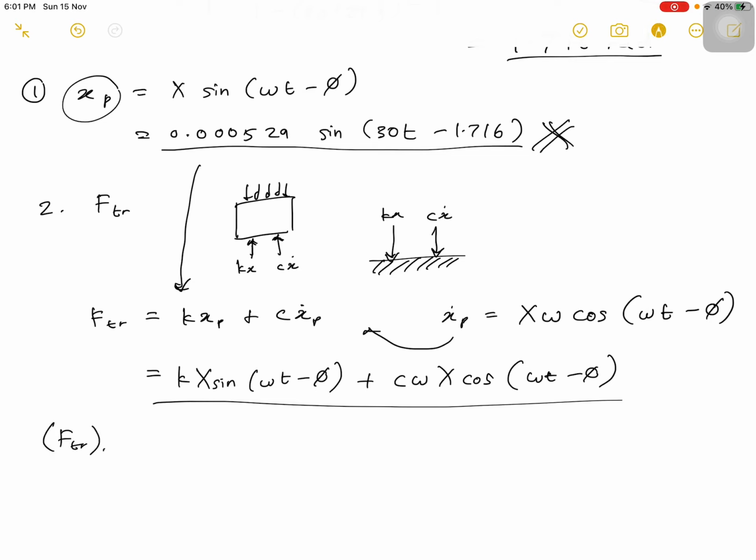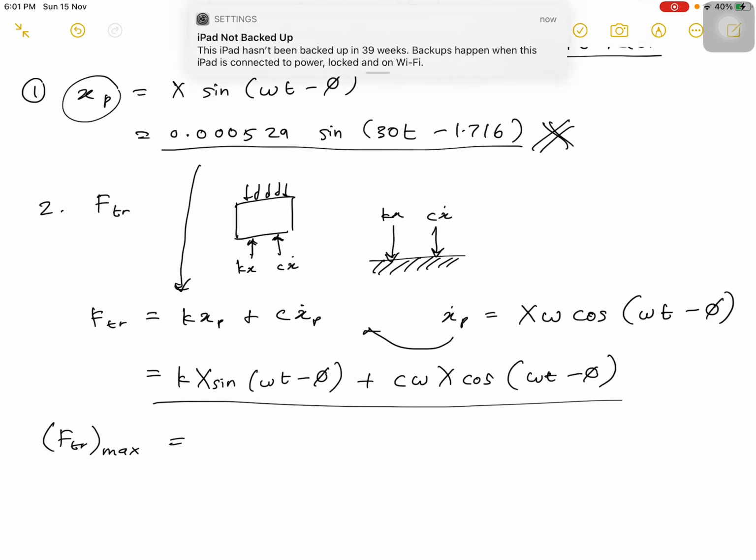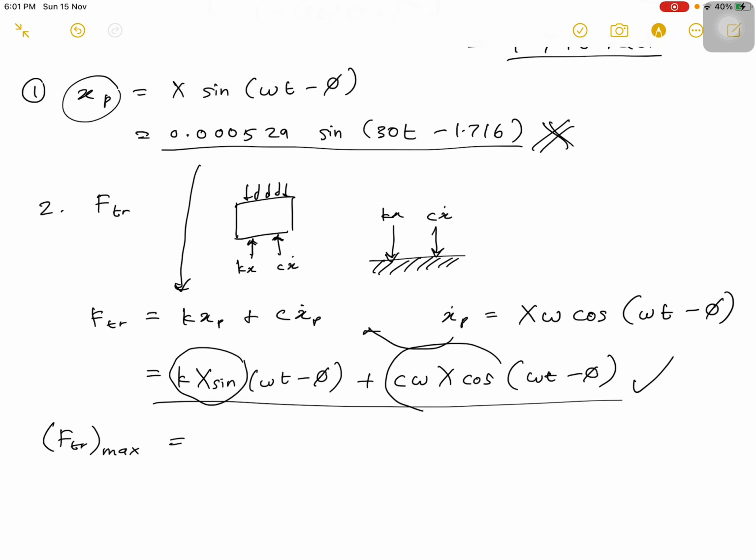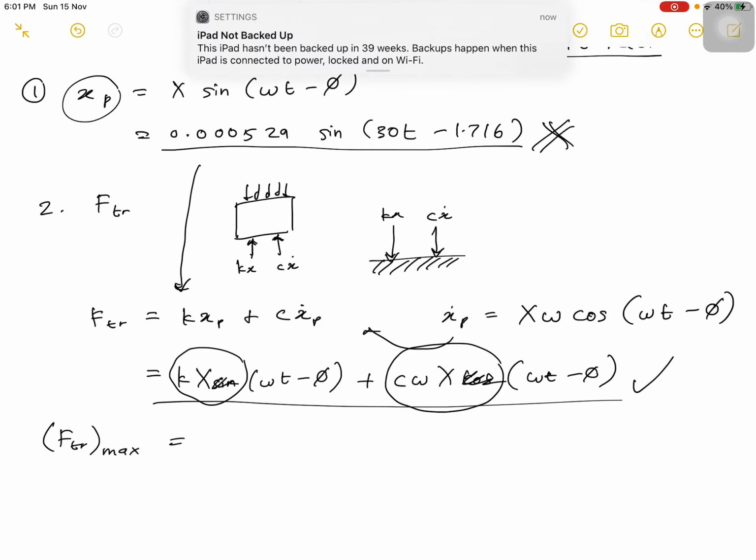So for the maximum, FTR max, we really need to understand the trigonometry of this function. We can just consider the amplitude alone, without the sine, without the cos.